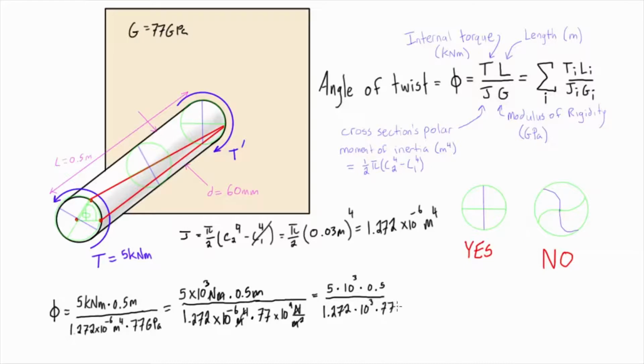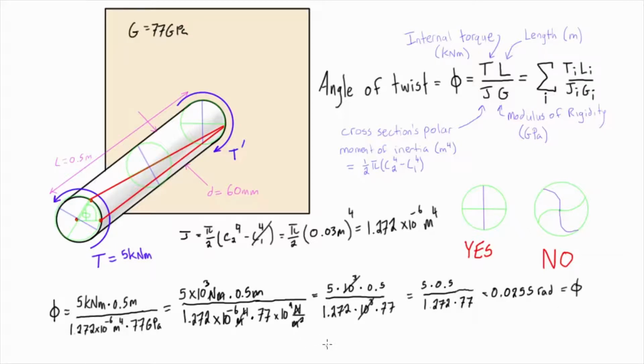So we can cancel out the 10 to the 3, and we're left with just 5 times 0.5 all over 1.272 times 77. That's going to give us 0.0255, and that number is in radians. So that is equal to our angle of twist.